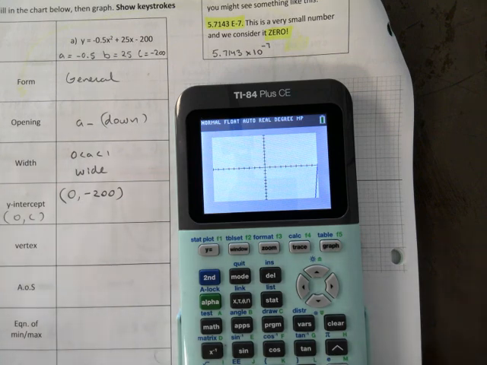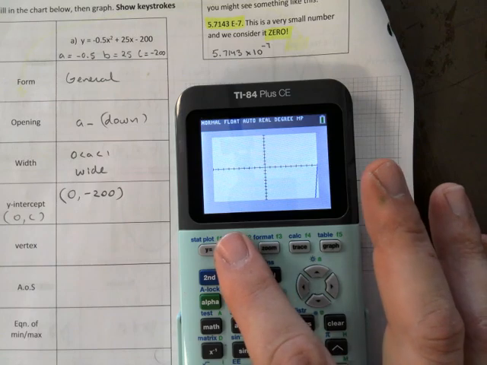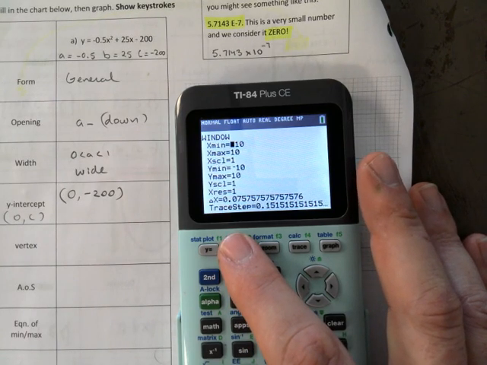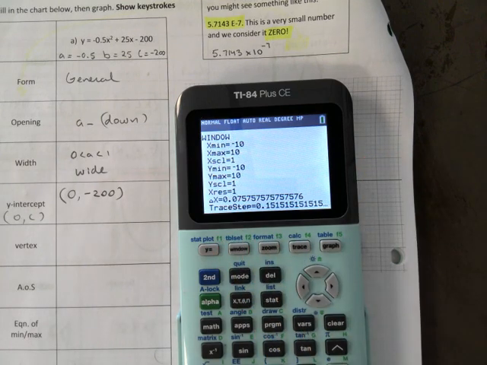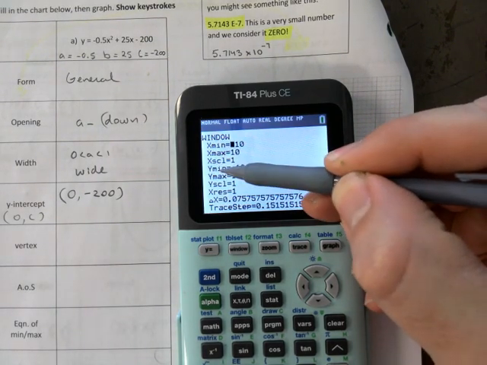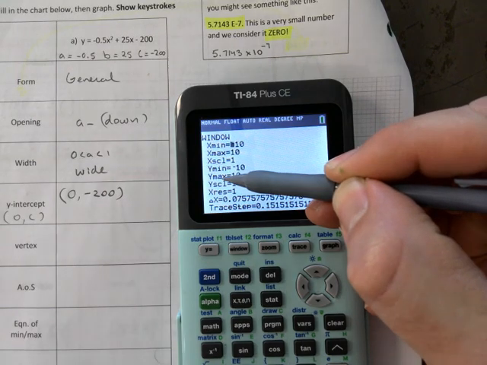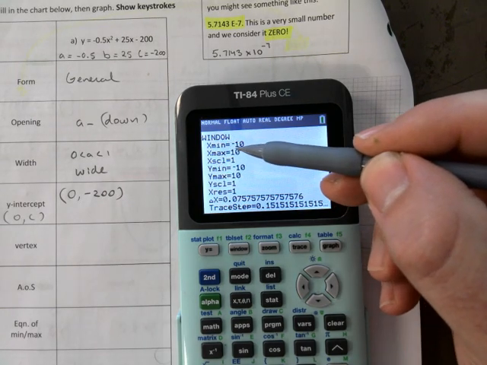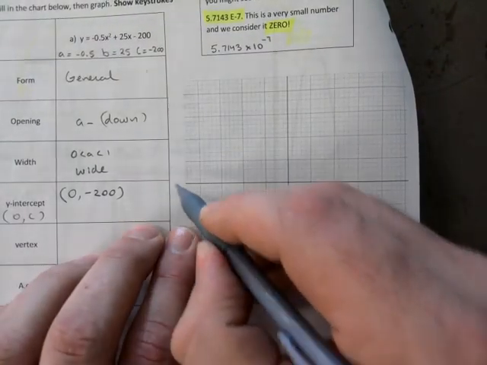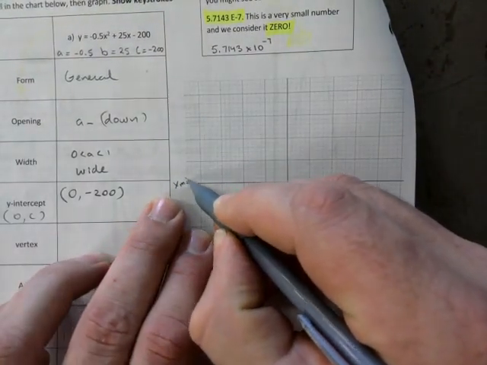So watch what we're gonna do, guys. You're gonna press window. When you press window, Miss Yosik or whoever teaches you next year may not do this, but I only touch X min, X max, Y min, Y max. Those are the only 4 things that I touch. X min, let's write this down. This would be your X min here.